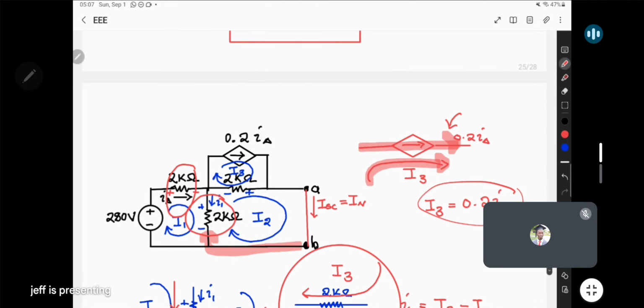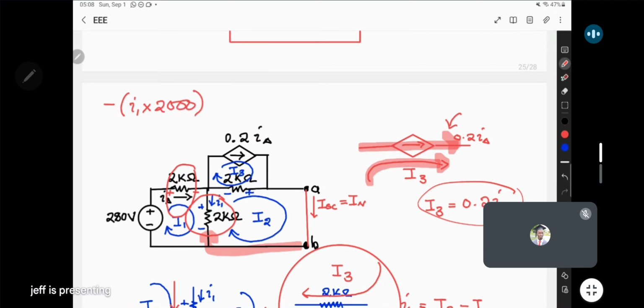Here, all I'll do is, if I find an element at its negative sign first, after assigning polarity, I'll take it as minus. And then the voltage there will be what? Voltage is current times resistance. The current passing in this resistor is I1, not the mesh current, branch current first. The resistance there is 2000.